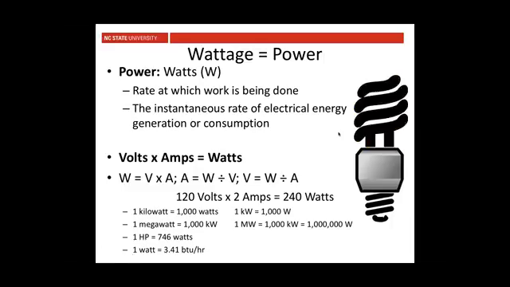It's off, 0 watts. Like 60 watts, 0 watts, 60 watts, 0 watts. Wattage is instantaneous, and if your light bulb is off, there's 0 watts. If you just turn it on for a very brief second, you're pulling 60 watts, and then you turn it off again, you've got 0 watts. So it's an instantaneous measurement of either generation or consumption.